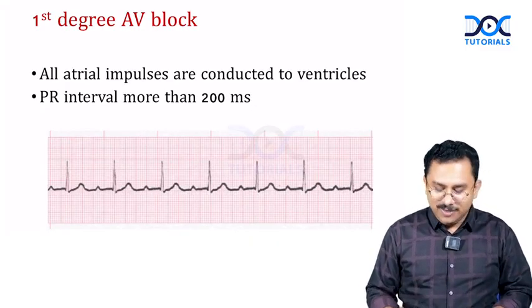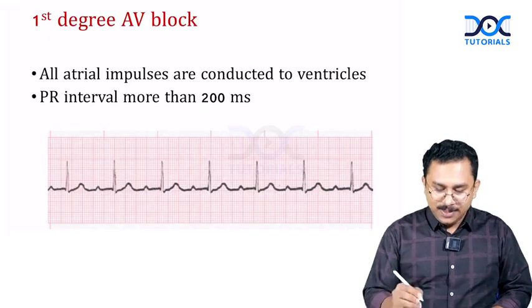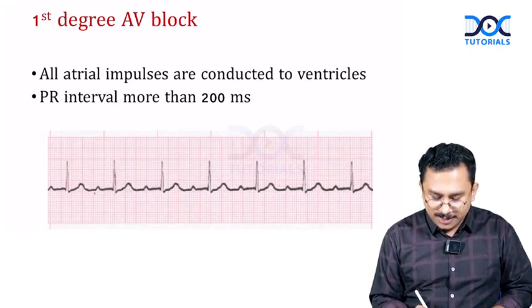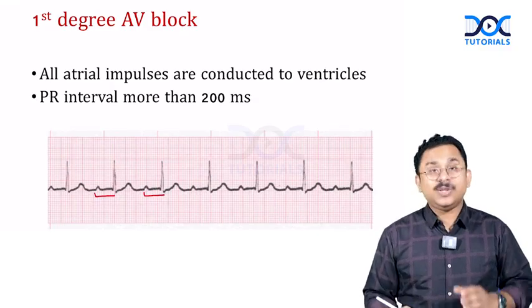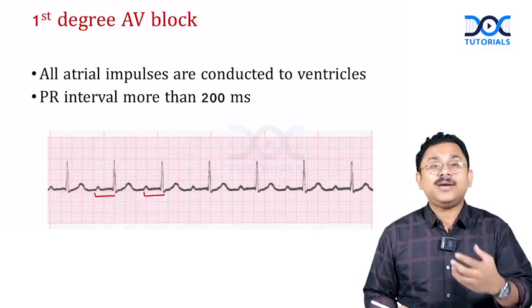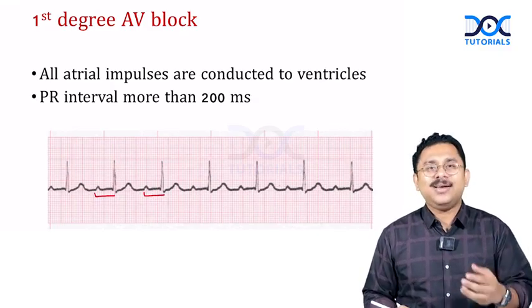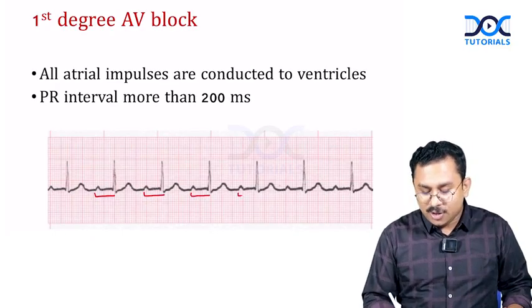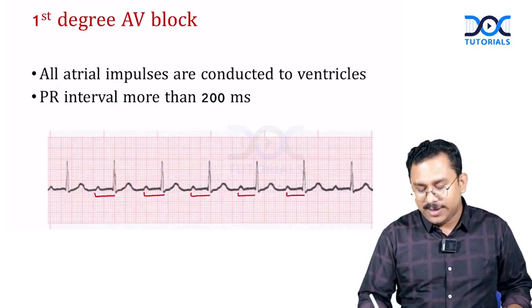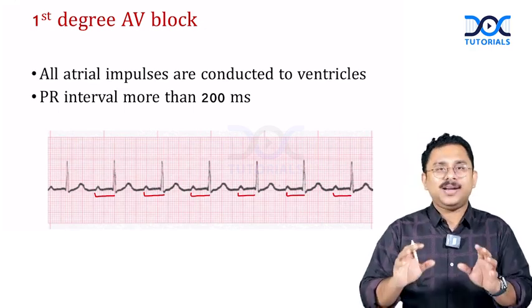In a first degree AV block, if you look at this ECG, you can notice that the PR interval is prolonged. A PR interval of more than 200 milliseconds you would call a prolonged PR interval, and you have a constant PR interval prolongation. All the PR intervals are prolonged.